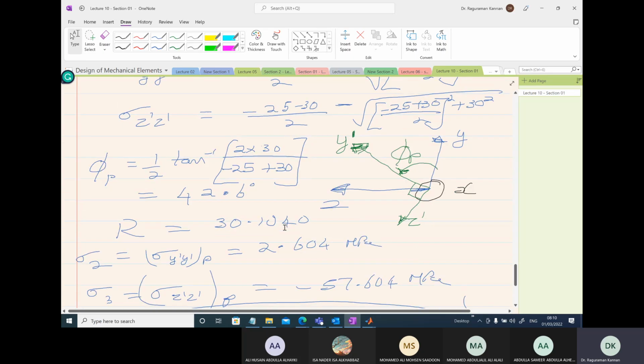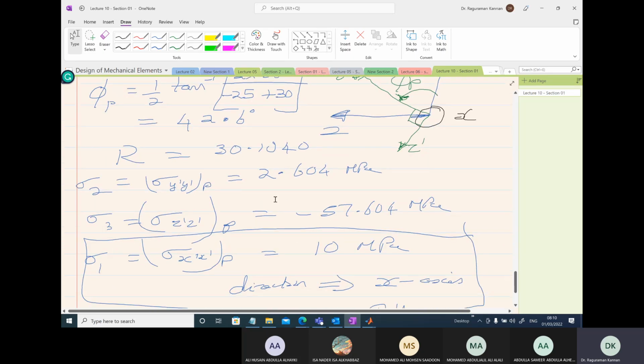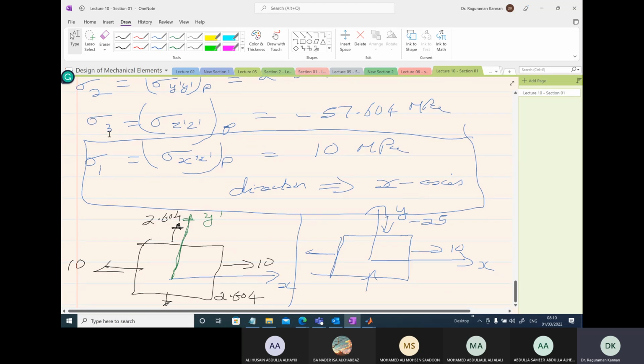After we got the principal stresses, we arranged them in descending order, sigma 1, 2, and 3, and then finally we drew the stress elements. So let's try to solve this problem using the 3D method, using basically your MATLAB application here, and let's check if we get the same answer.